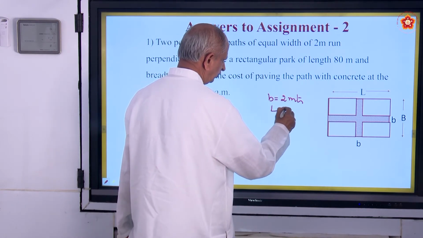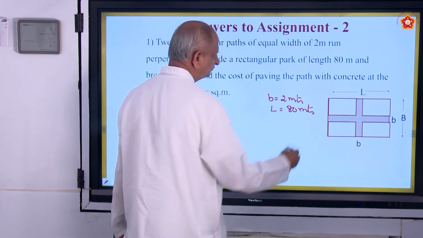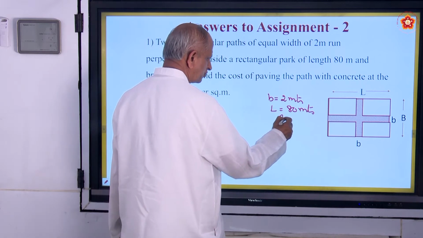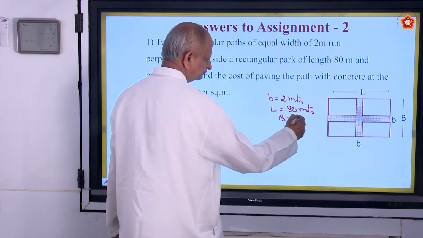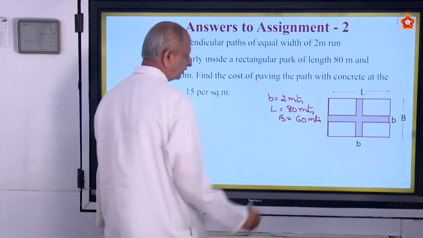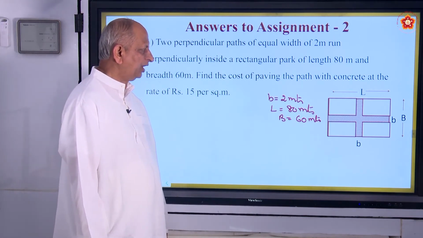So length is equal to 80 meters, length of the park, and breadth is equal to 60 meters. Question is, find the cost of paving the path with concrete.